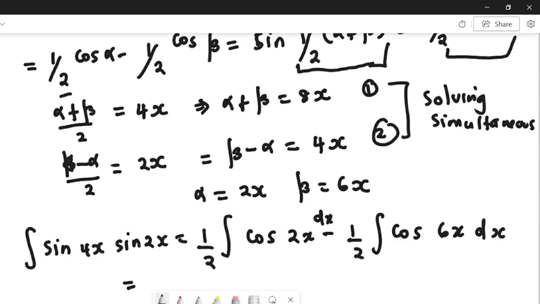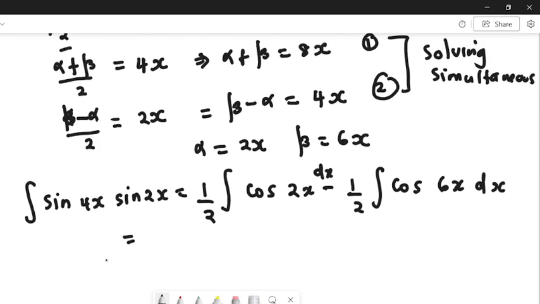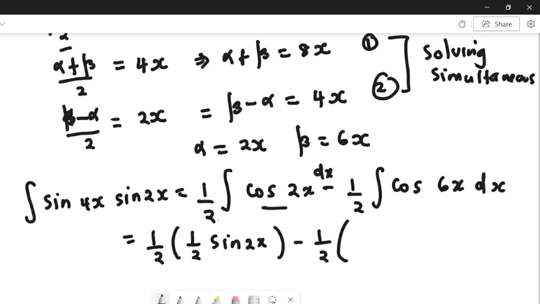Now you can see that the integration is very simple. If you integrate this, you will get a half sine 2x. So a half times a half, so you're going to get a half into a half sine 2x minus a half into 1 over 6 sine 6x plus c.